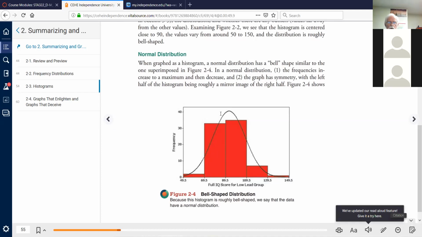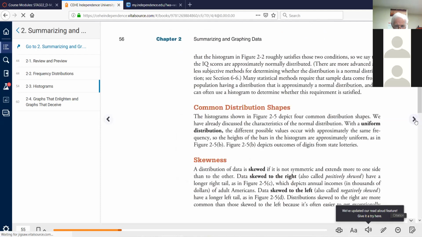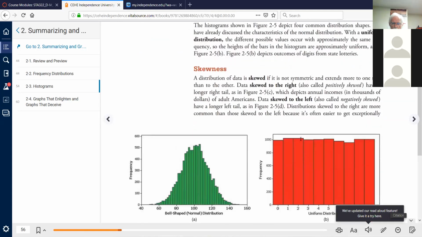So the bell shape should roughly mirror each half, but it doesn't center on a class. It centers on a class boundary. It should center somewhere in the data. So we'd look at this and say the data distribution is normal, or uniform. We can have skewed data if it's not symmetric.